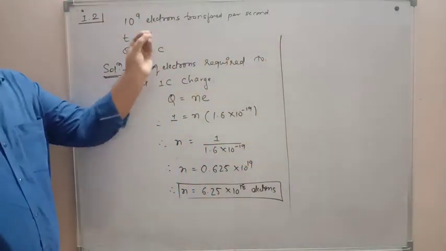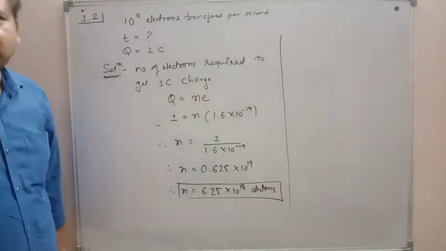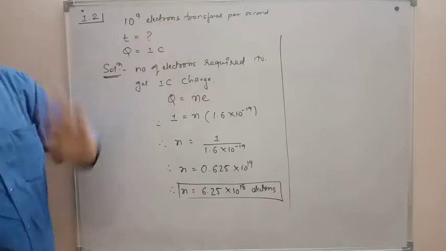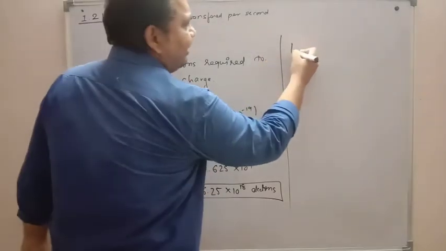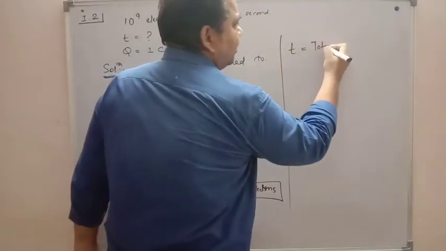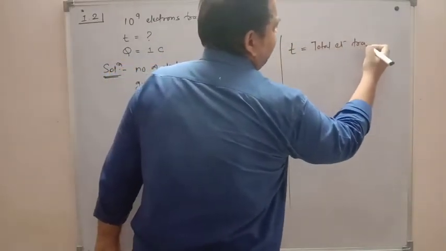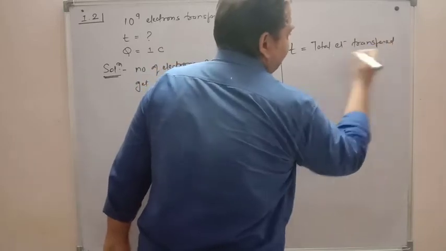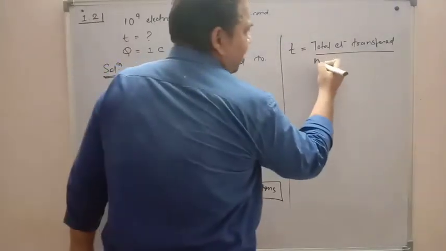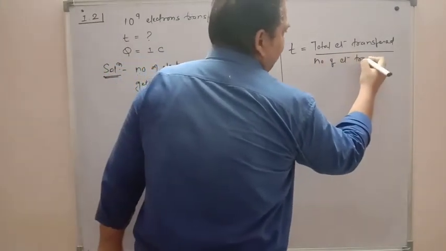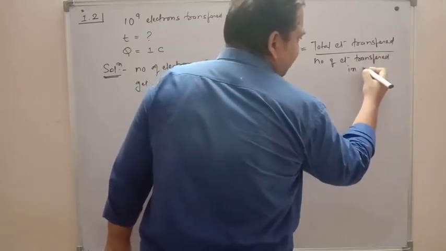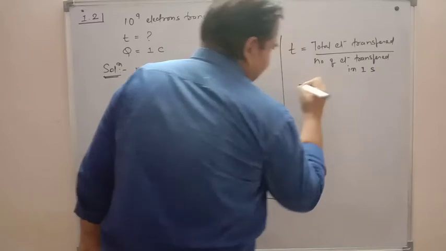The question is how much time is required in order to get 1 coulomb charge, if you are transferring 10 power 9 electrons per second. So time T is what? Total electrons that are being transferred divided by the number of electrons that are transferred in 1 second.